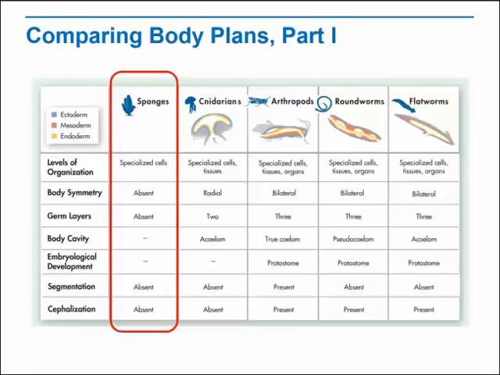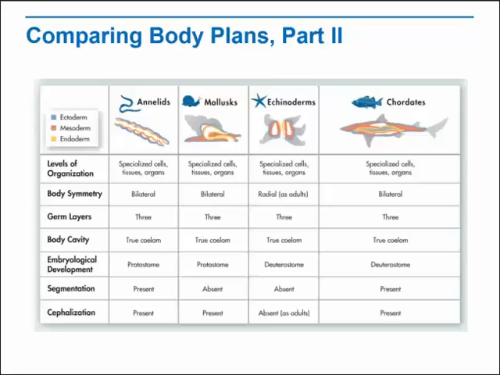Sponges, for example, have specialized cells, but no tissues, organs, or organ systems. Body symmetry is absent, and they don't produce germ layers. They have no body cavity, and they lack segmentation and cephalization. This table shows additional animal groups. They can also be compared for levels of organization, symmetry, germ layers and body cavity, embryological development, segmentation, and cephalization.